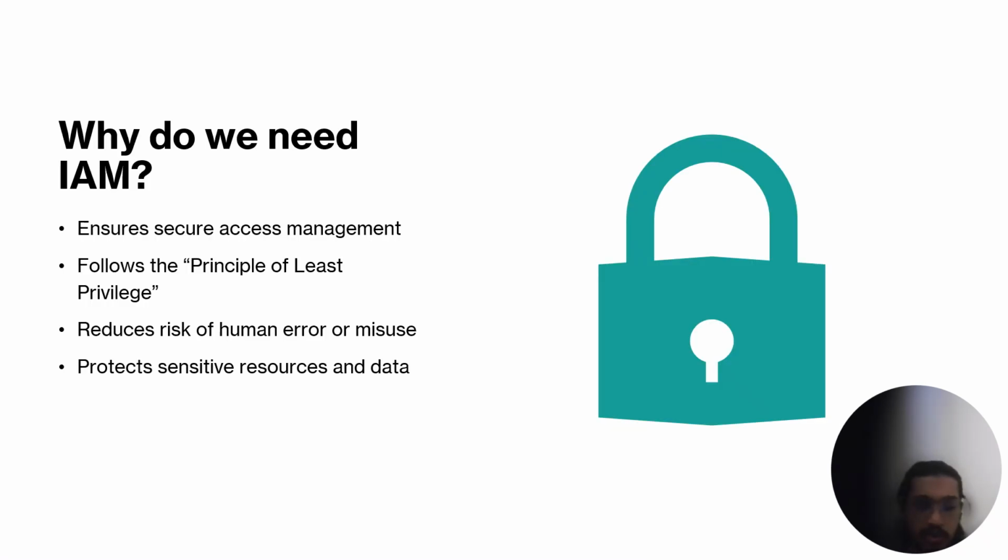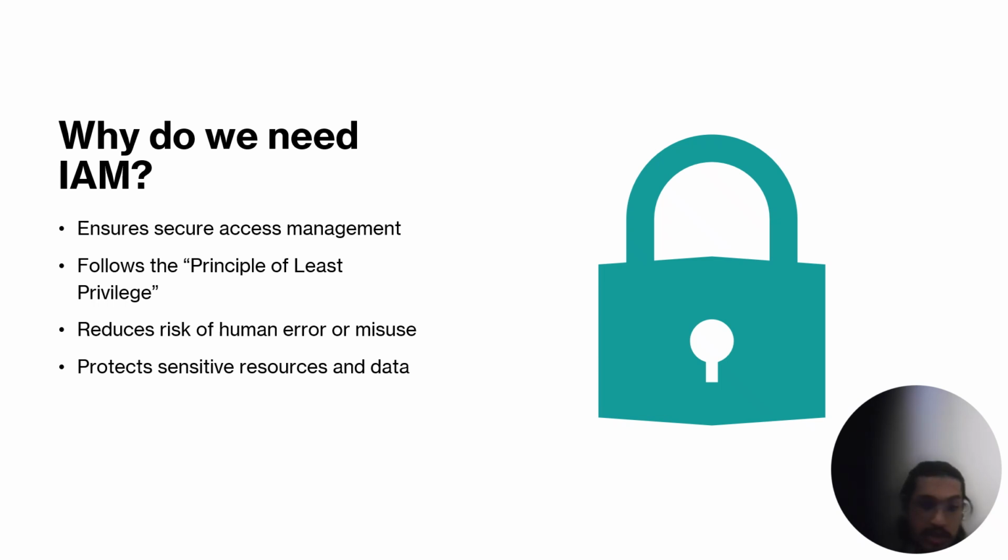So why do we need IAM? What is the importance of it? We need IAM to keep our cloud environment safe. As we have already mentioned, it acts as the security guard of the cloud environment. Without IAM, anyone could perform any action, which is a huge risk.